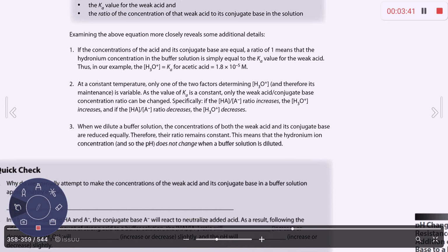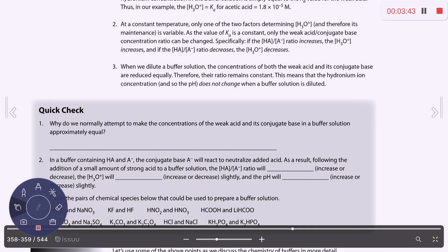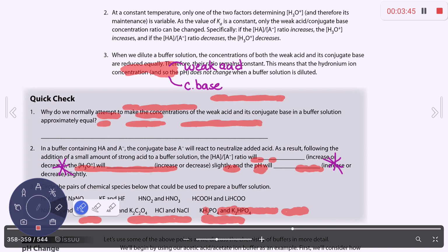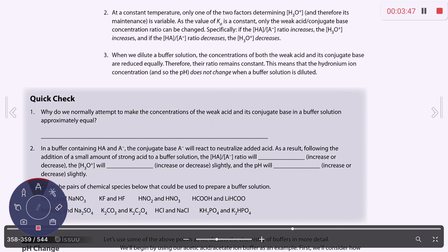For number 3, it says if you dilute a buffer solution, you're going to be changing the concentration of the weak acid and its conjugate base concentrations equally. So therefore, the ratio will remain constant. So that means the hydronium ion concentration, or the pH, will not change when you dilute a buffer solution.